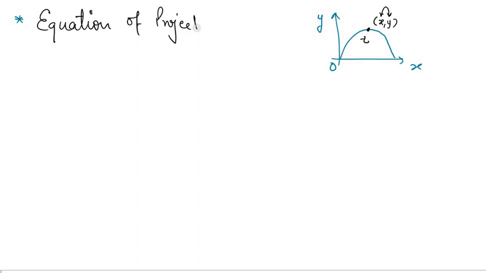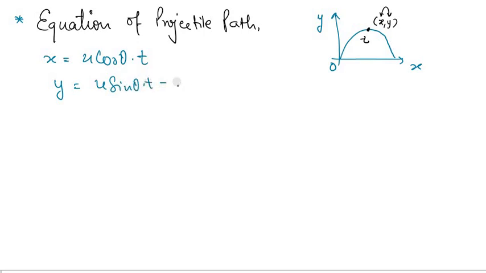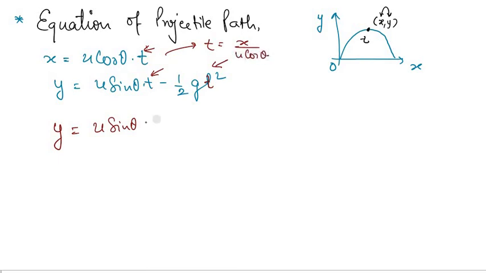So the basic equations were x is equal to u cos theta into time t, and y is equal to u sin theta into t minus half g t square. There is a time parameter here and there is a time parameter here. So we just need to eliminate the time to get the relation between x and y, because that is the common thing. So y is equal to u sin theta, and you substitute t is equal to x by u cos theta here.